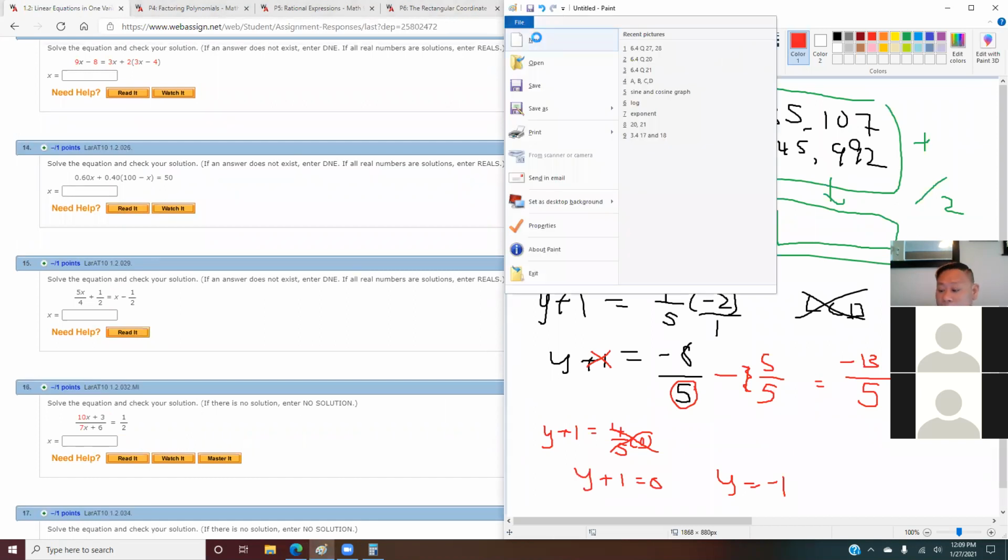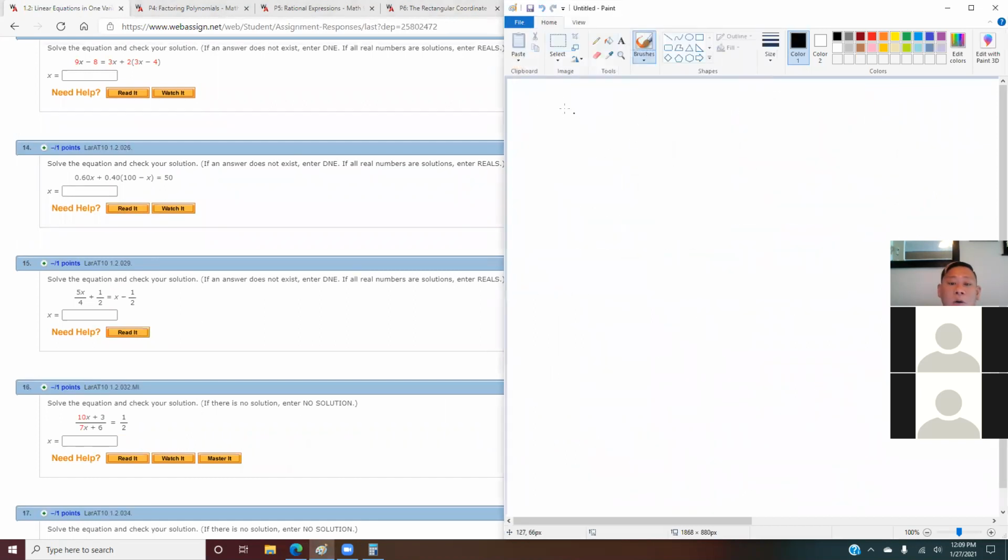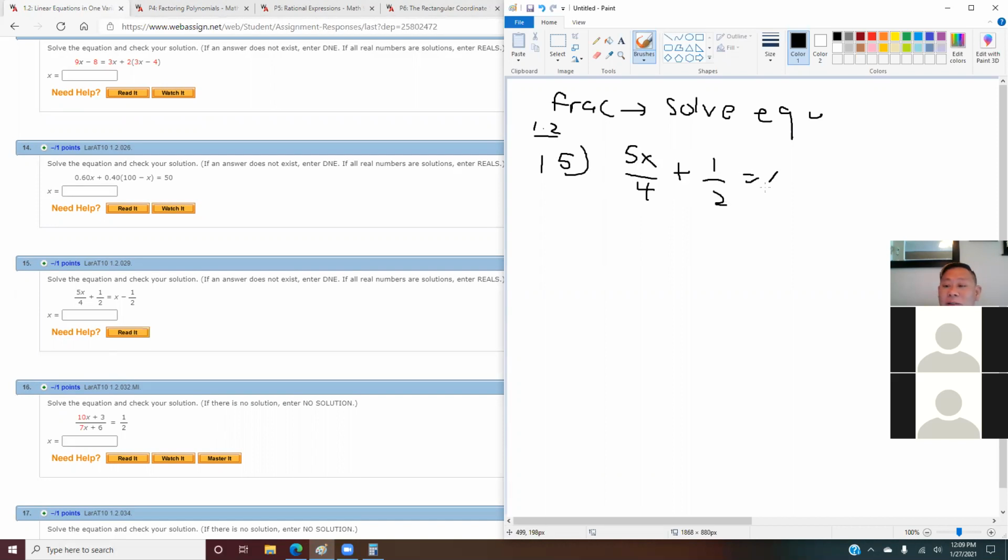Because we got some time here, if you want to solve an equation and your equation consists of fractions, like question number 15, this is 1.2, because everyone hates fractions. So yes, in your test, you will see fractions like this. How do you do it if you have fractions?